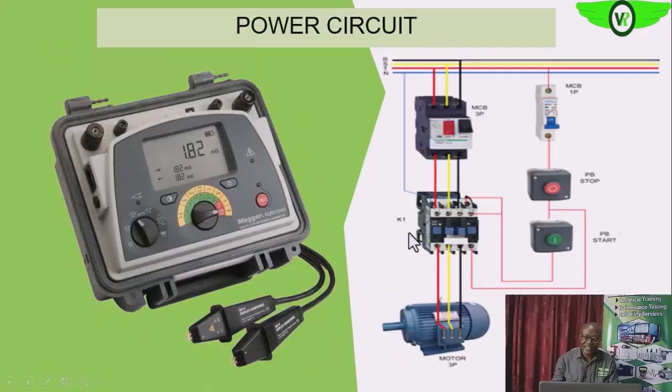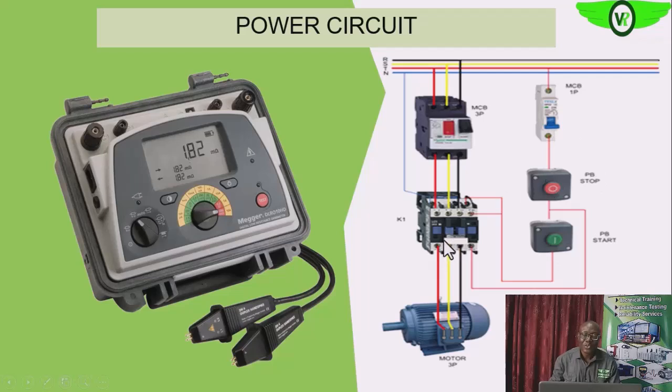So the next is the power circuit. The power circuit is also another fault zone. Like we said earlier, the power circuit is from the beginning of the feeder line to the termination on your electric motor. So anything that affects this power circuit will affect the reliability of the entire motor system.